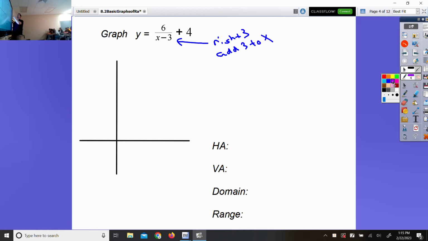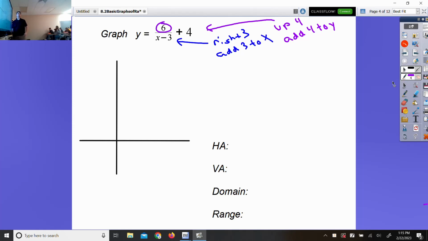How about that plus 4? Up 4. Anything else it might mean? Add 4 to y. There's this guy over here too. It still gets to be something it's always been, ironically enough. What's it always been? Slope. Initial slope.